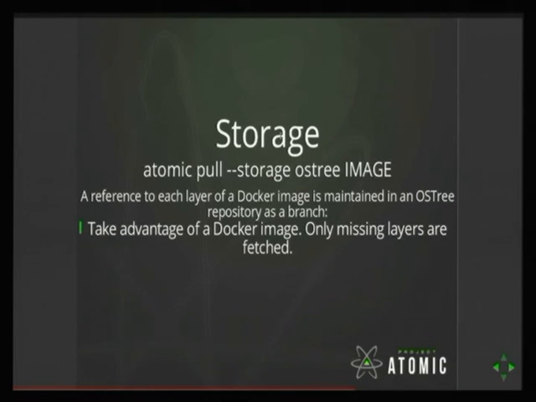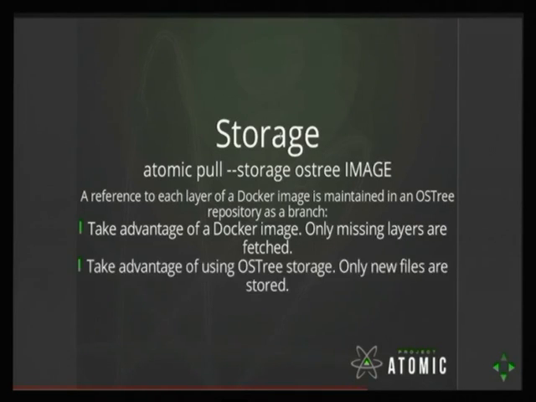If you try to pull two images that have layers in common, the layers in common will be fetched only once. So we take advantage of this model by mapping the layers to OSTree. We store this in an OSTree branch. And we take advantage of the OSTree storage, because even if different layers add the same file, this is stored only once.